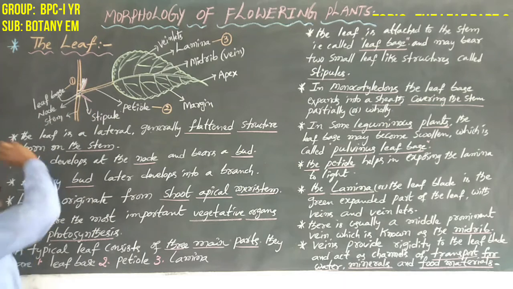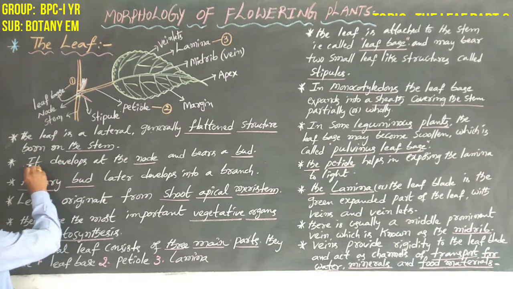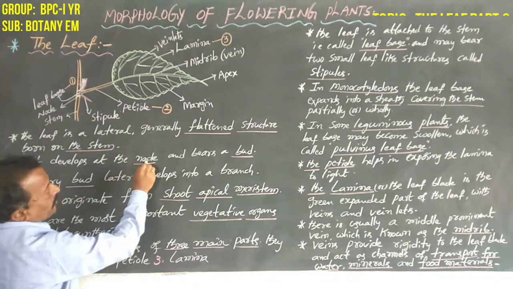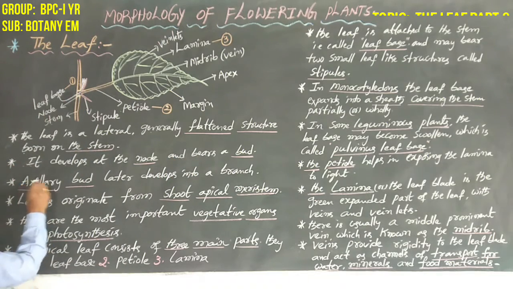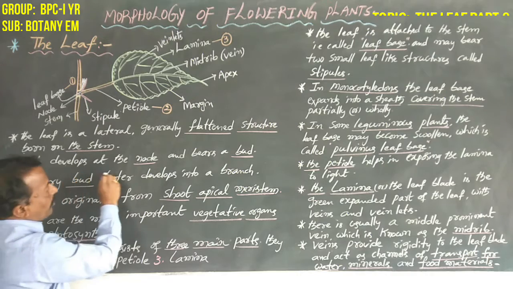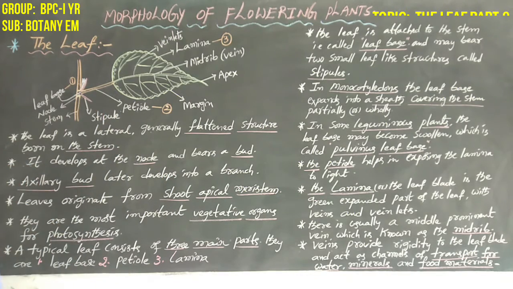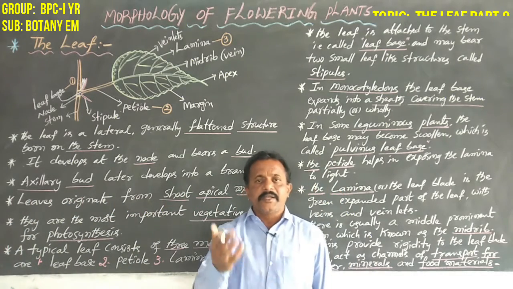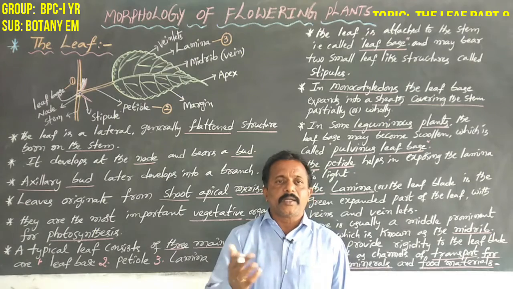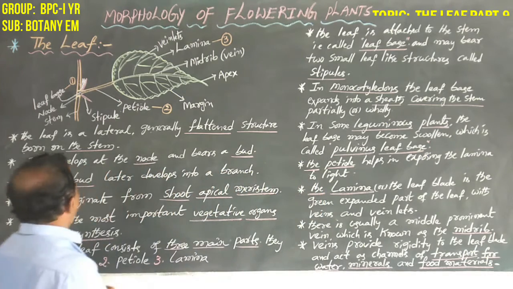The leaf develops at the node of the stem and bears an axillary bud. The axillary bud later develops into a branch. Axillary buds are seen in the petiole or leaf base of the leaf.